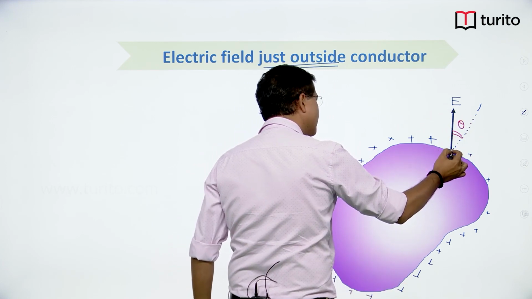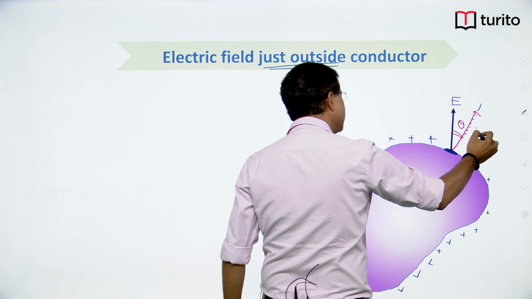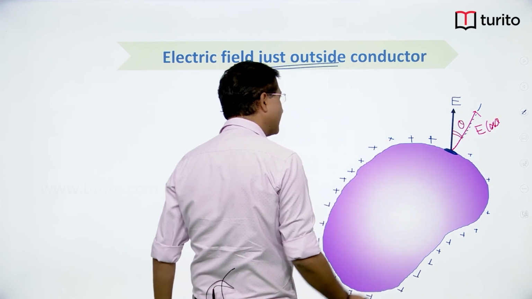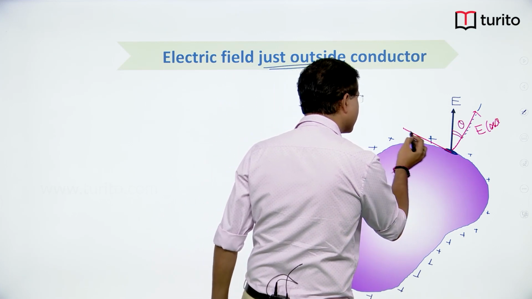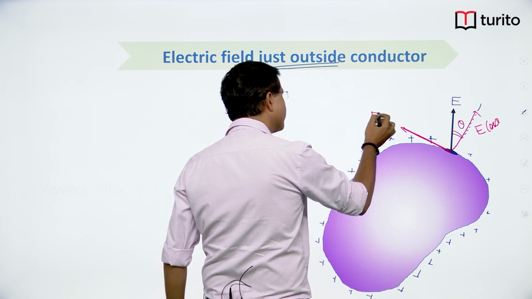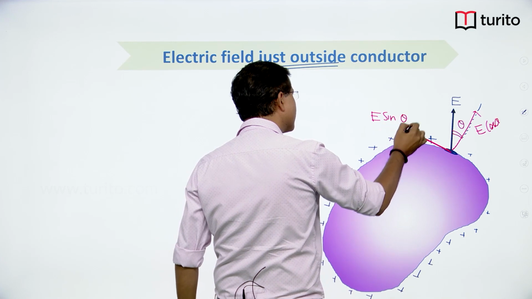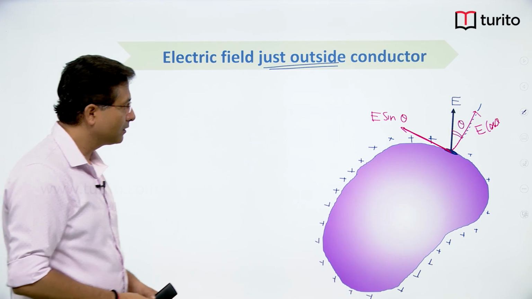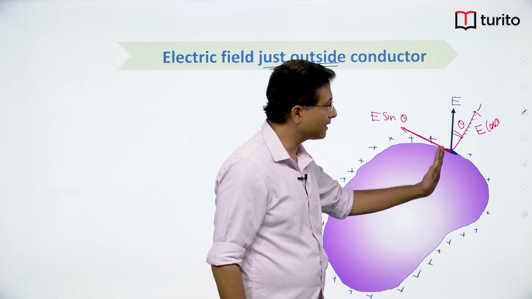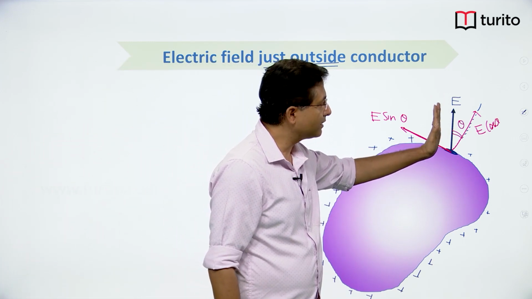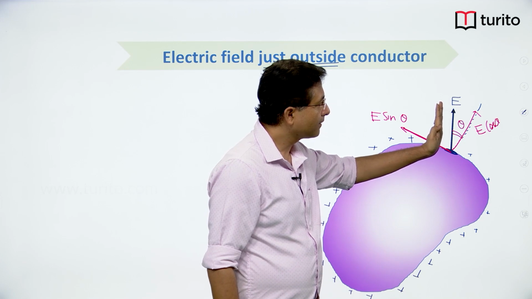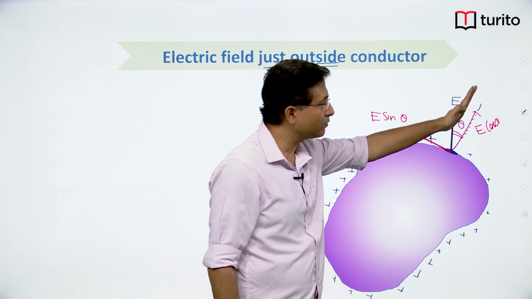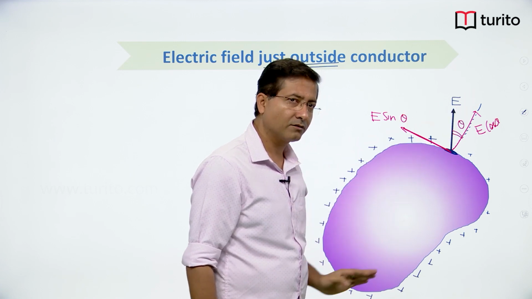One component will be perpendicular to the surface, that is E cos theta, the component along the normal, and another component will be like this, E sin theta, right. So, we assume some generalized direction, and we resolve this field in two directions, one perpendicular to the surface, another along the surface.